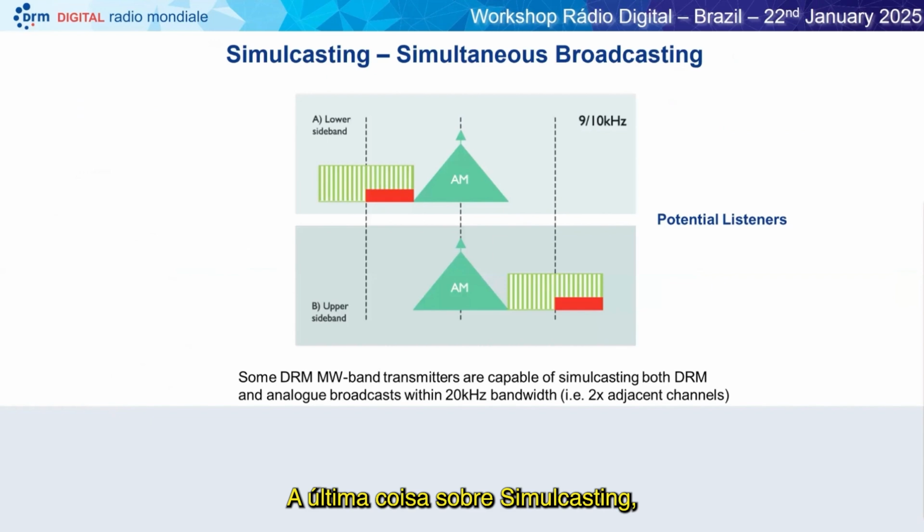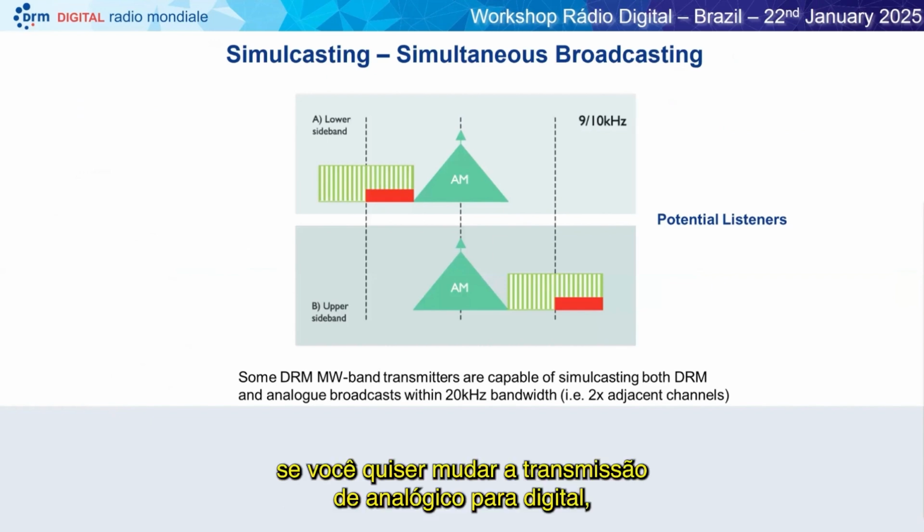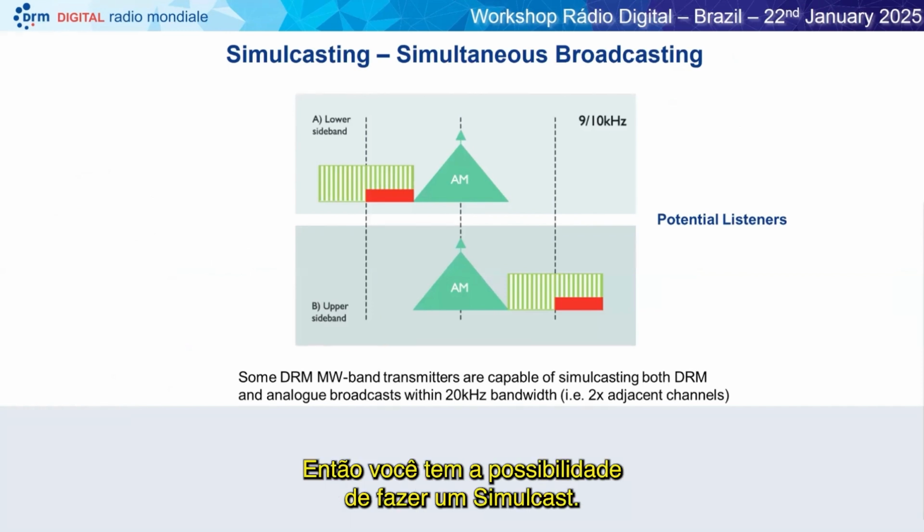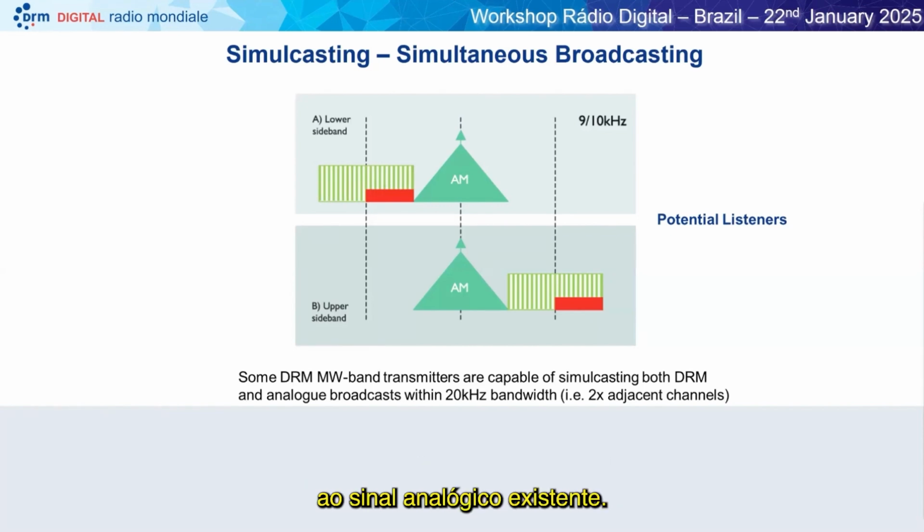The last thing about simulcasting: if you want to migrate your broadcast from analog to digital, some people might be disappointed if suddenly the AM program disappears. So you have the possibility to do a so-called simulcast. That means you can add a digital signal to your existing analog signal.